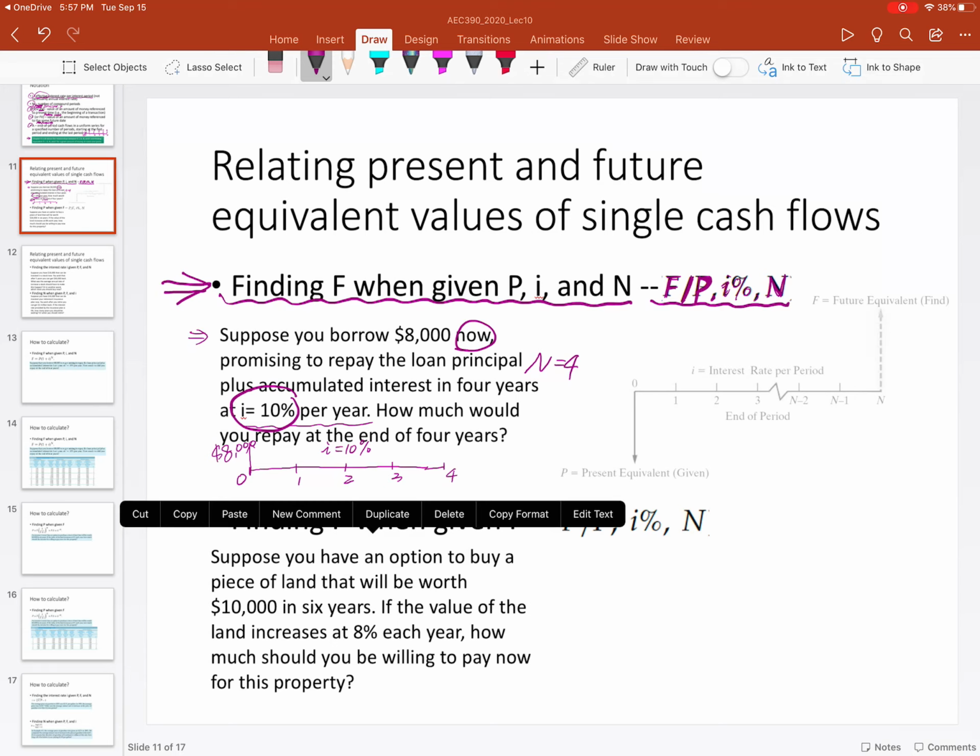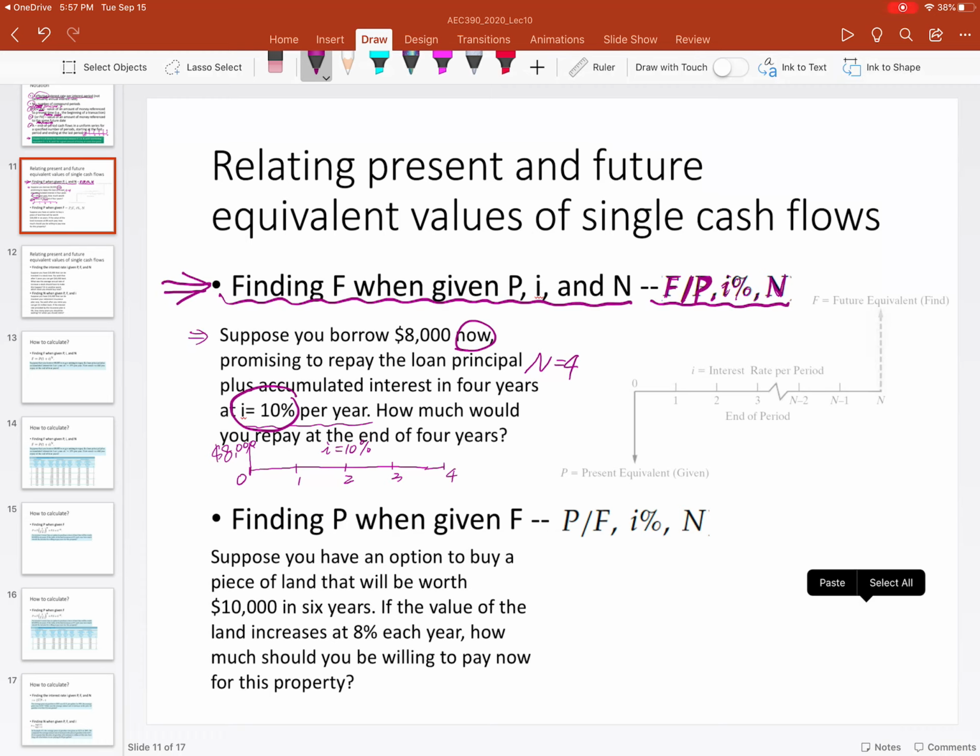Just label that on this time scale. Then you want to know how much you pay at the end of the 4th year, so that payment is equal to this cash flow. So you want to know what is the future value of this cash flow. That's the cash flow diagram description of this statement, okay?